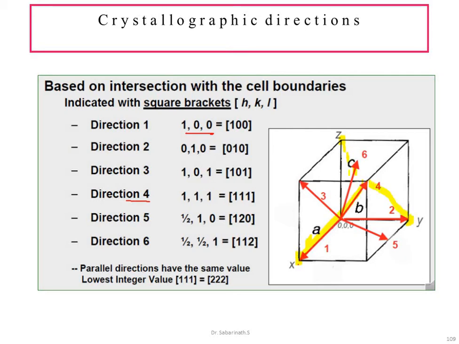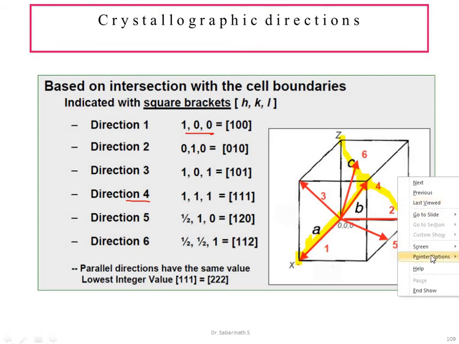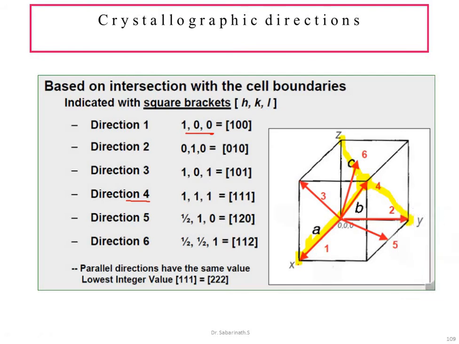All these points meet together at a single point, and that point is actually this 1 1 1. So the fourth direction is taken as 1 1 1. I think everyone understood this concept.